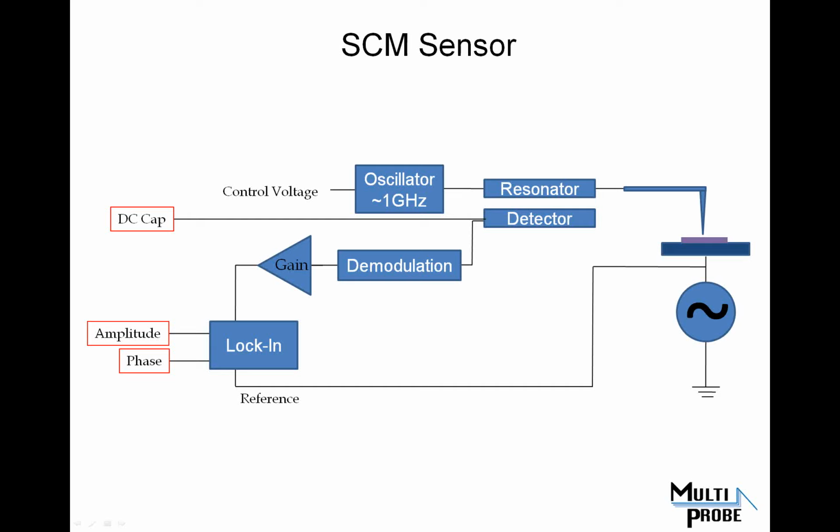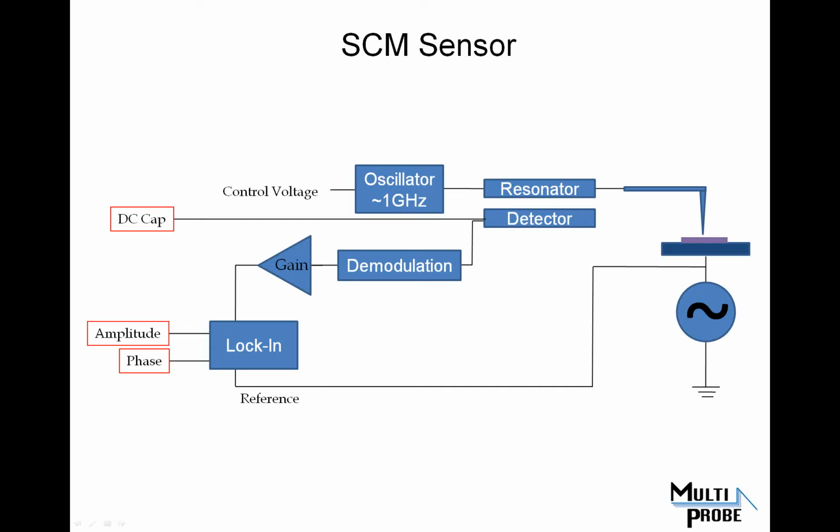This is a depiction of what an SCM sensor sort of in general terms is. There's a resonator that you tune with the tip sample system. You run it at about 1 gigahertz. It oscillates away, and then as that tip encounters some variation in capacitance, it gets damped or excited by that, and that's picked up by a detector, and it runs through some electronics to give you the output.